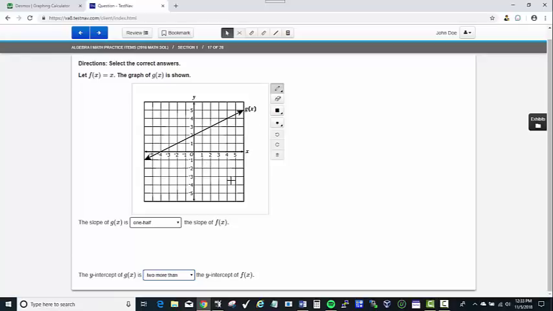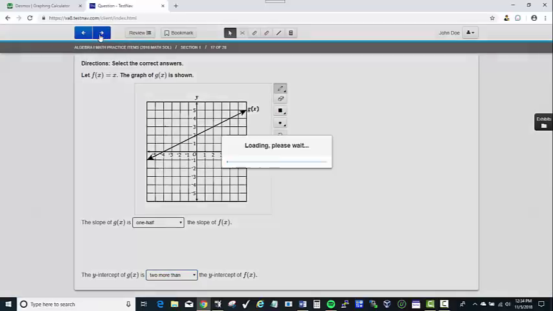Twice 0 is just 0. So it's 2 more than f of x. Okay? So, again, the slope here is 1/2. The slope for the other is going to be 1, so that's 1/2 the slope. And then the y-intercept here is 2. The y-intercept for f of x is just going to be 0, so it's 2 more than. All right, let's continue.